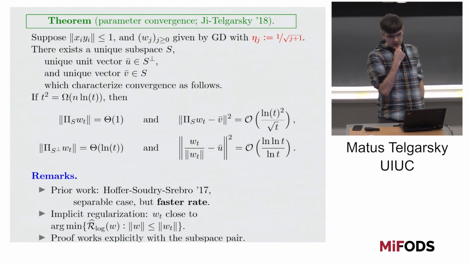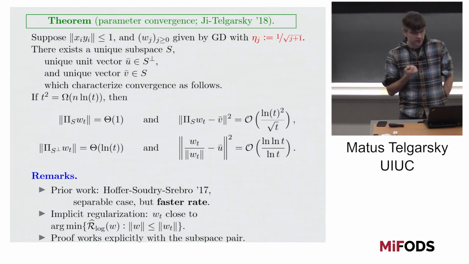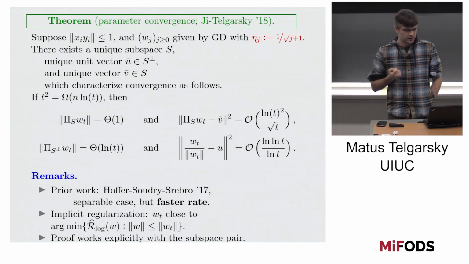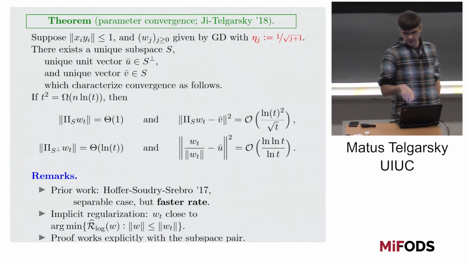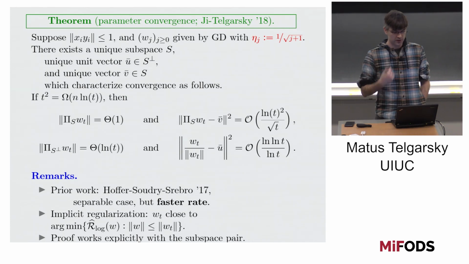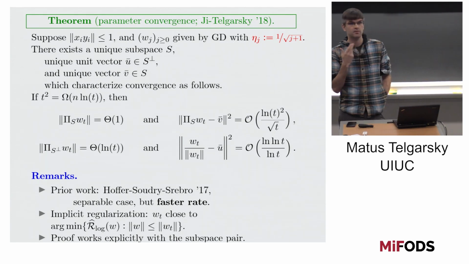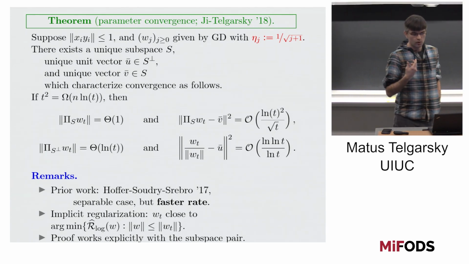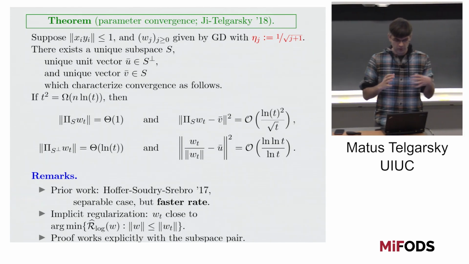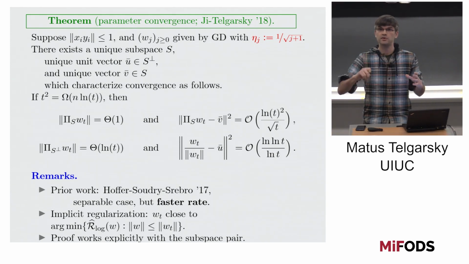Nati and a bunch of colleagues analyzed this just in the separable case, but in the separable case, they were able to obtain a faster rate of convergence. So instead of a 1 over log t convergence, it's a 1 over log t squared convergence. And in Nati's terminology, this is the implicit regularization setting, where logistic regression is following sort of the optimal path.